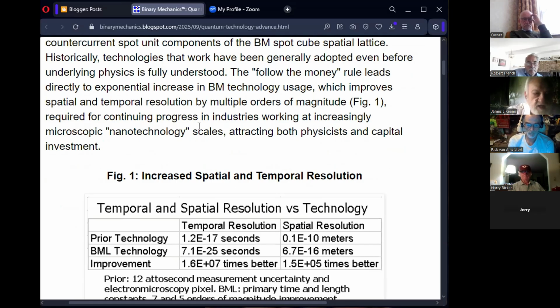This is required for continuing progress in industries working at increasingly microscopic, quote unquote, nanotechnology scales, and beyond that nano level, by the way. I just use that as the reference word, sort of a keyword in the media these days, attracting both physicists and capital investment. So here we're talking about some science that might actually get capital investment.